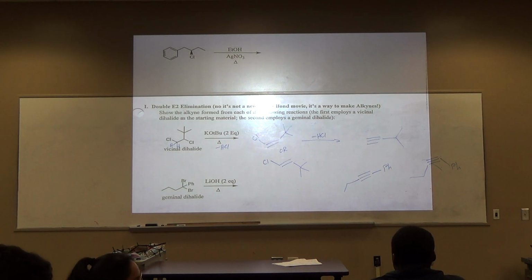Questions? So how exactly would you go about showing the mechanism for the elimination of either one? It's E2, right? So we can just show E2 on both chlorides? Yeah, it's a double E2 elimination.